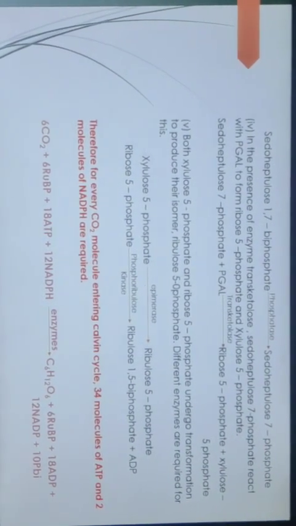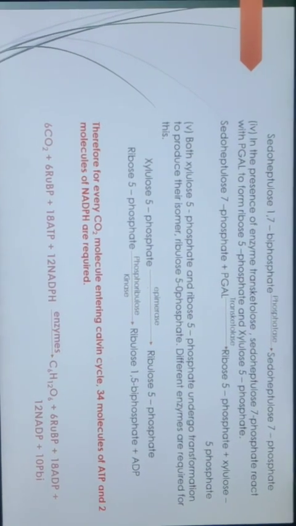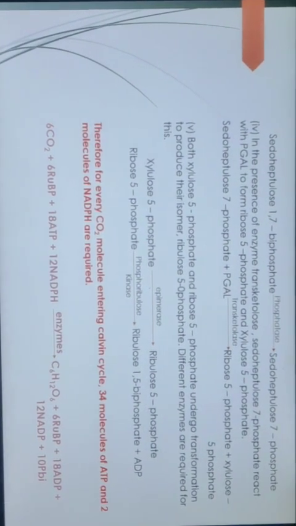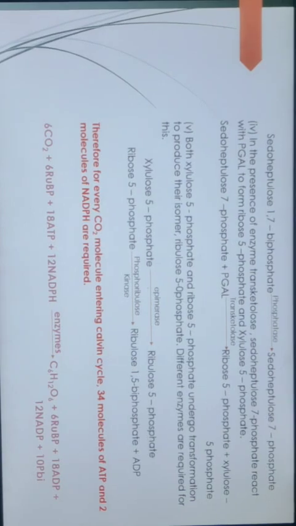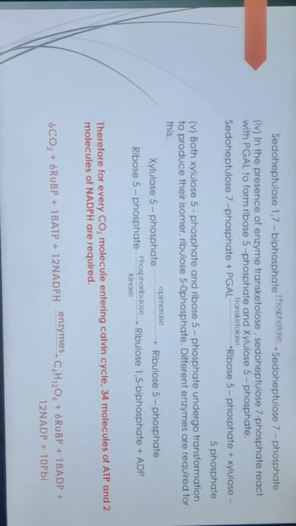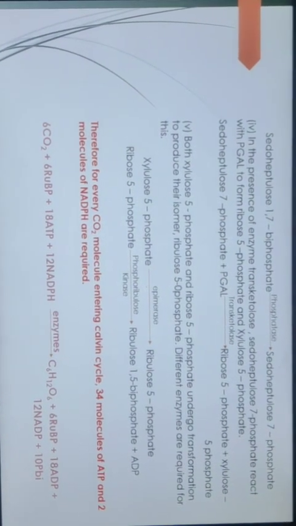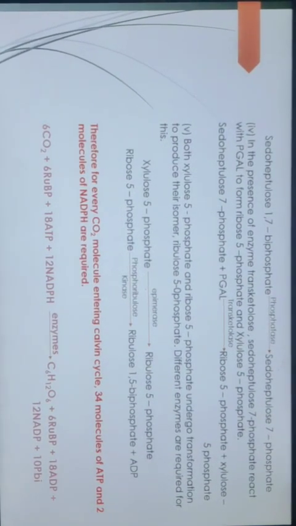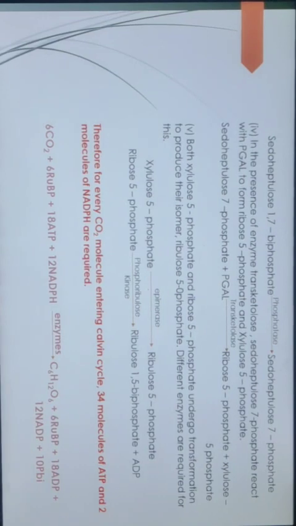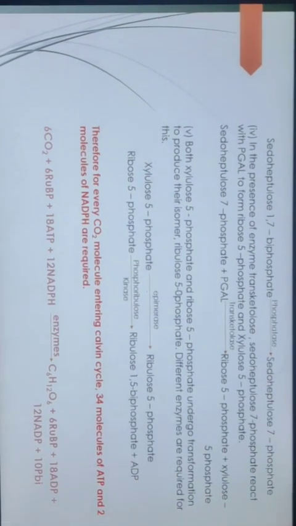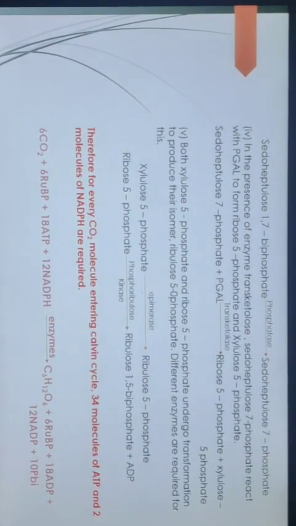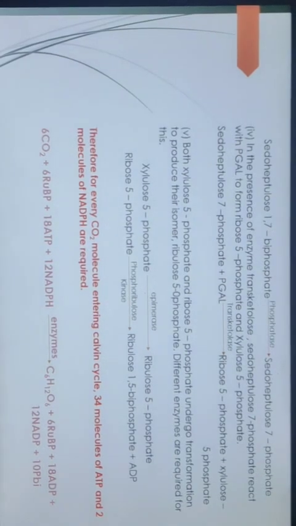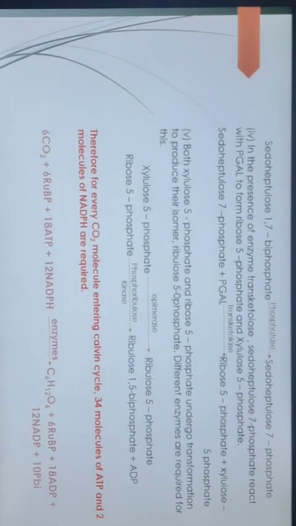So therefore for every carbon dioxide molecule which is entering the Calvin cycle, the total number of molecules of ATP are 3. That means 3 molecules of ATP and 2 molecules of NADPH are required. So in the Calvin cycle, 3 molecules of ATP and 2 molecules of NADPH are required.